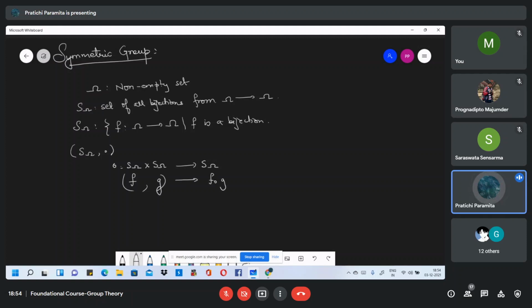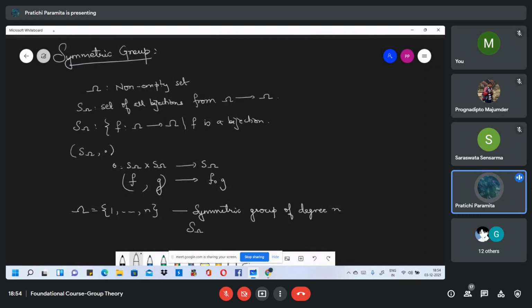We are actually interested when omega is 1 to n, the set of natural numbers from 1 to n. In this case, Sn is called the symmetric group of degree n.